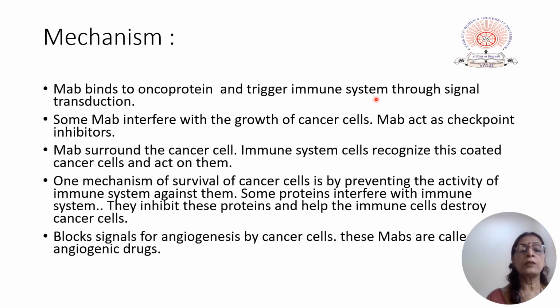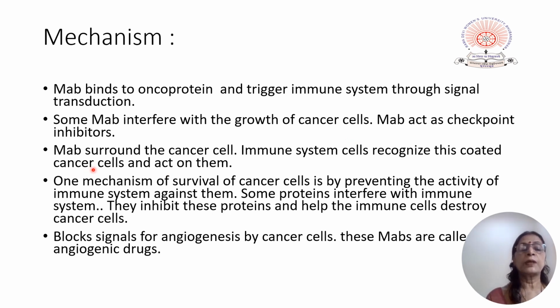Cancer cells have a quality to evade the immune system, but when MAB binds to the oncoprotein, it triggers the immune system by inducing signal transduction pathways that will alert the immune system, and then the immune system cells will target the cancer cell and try to eliminate the cancer cells from the body. Some MABs directly interfere with the growth of the cancer cells because they inhibit the cell cycle checkpoints, and the cancer cell cannot divide and grow.